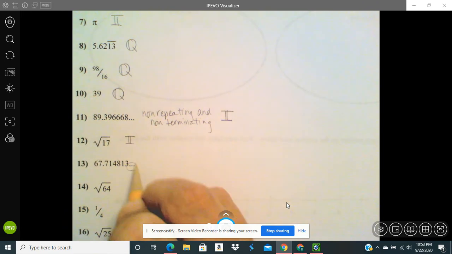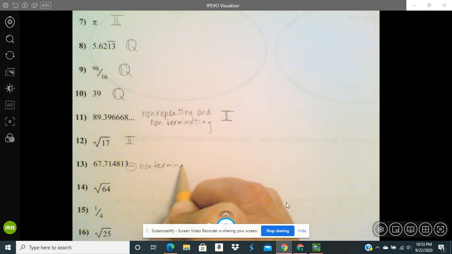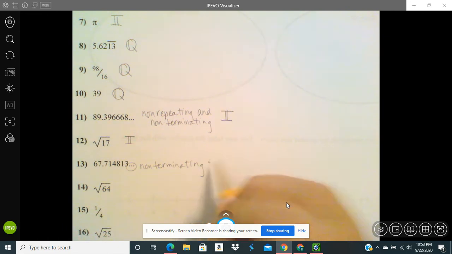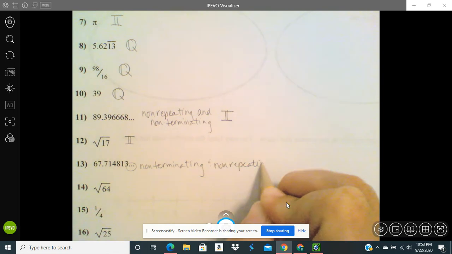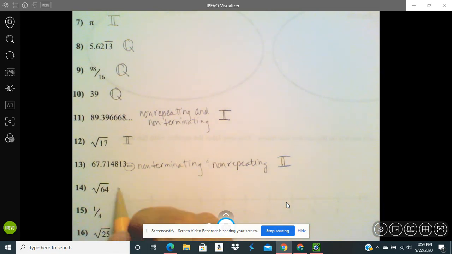Again, I see ellipses. This means it's non-terminating. I do not see a repeating bar, so that means it's also non-repeating. So it's irrational. The square root of 64 is 8.